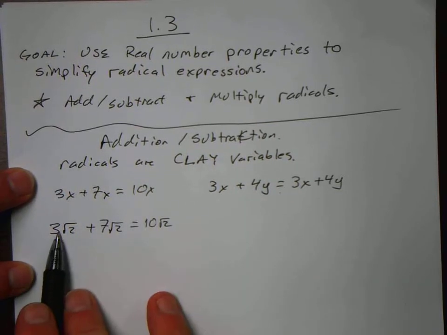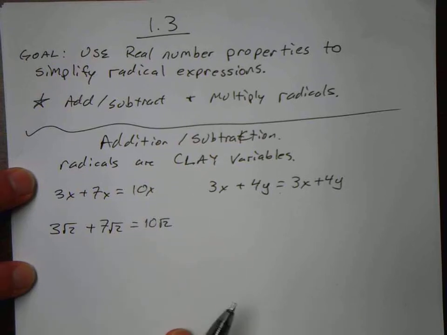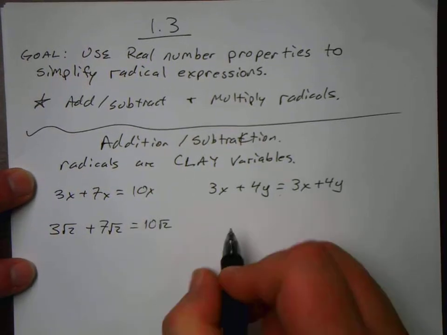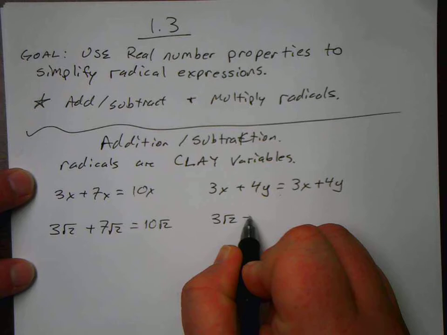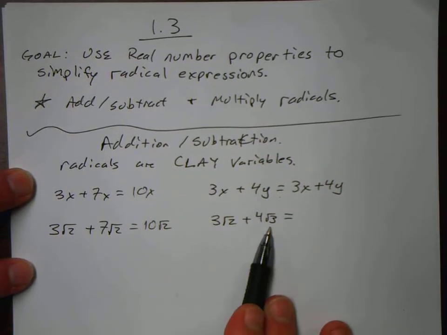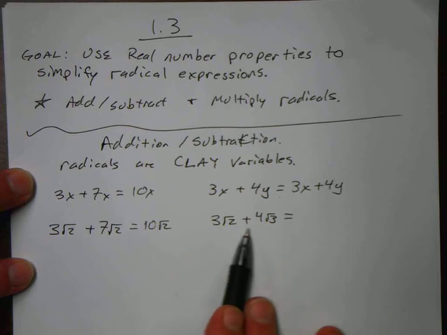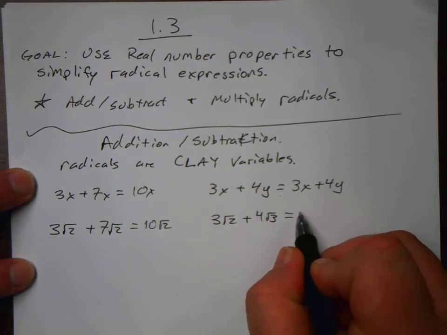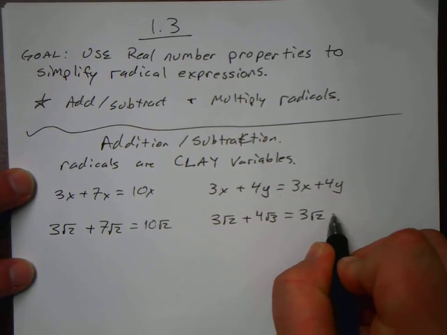All right, so 3 roots of 2 plus 7 roots of 2 gives us a total of 10 roots of 2. If I were dealing with something like 3 roots of 2 plus 4 roots of 3, well, square root of 2, square root of 3, those are not the same. So I cannot add those together.